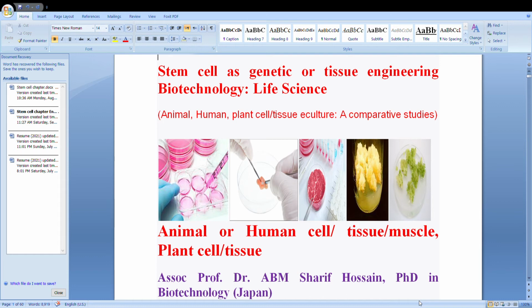This belongs to the life science laboratory or stem cell biotechnology, like medical.